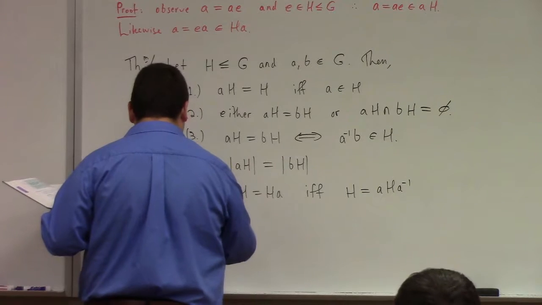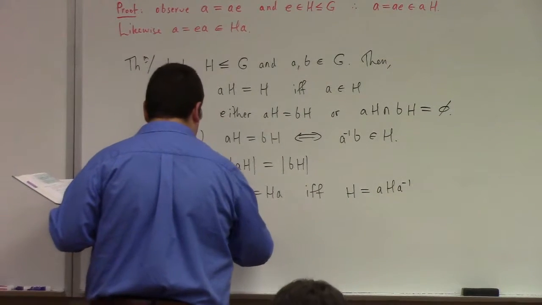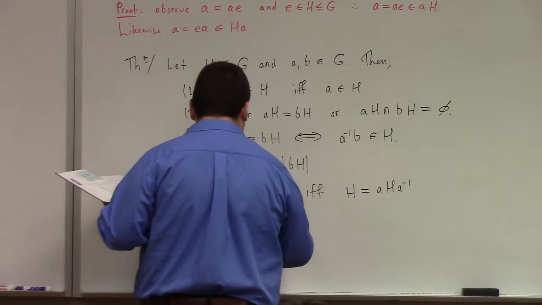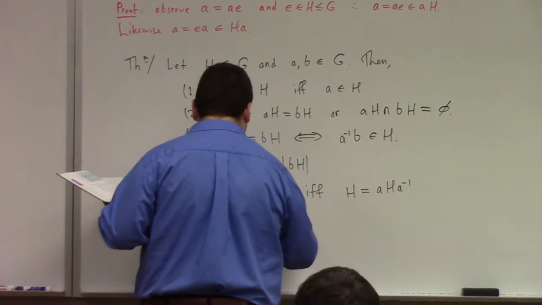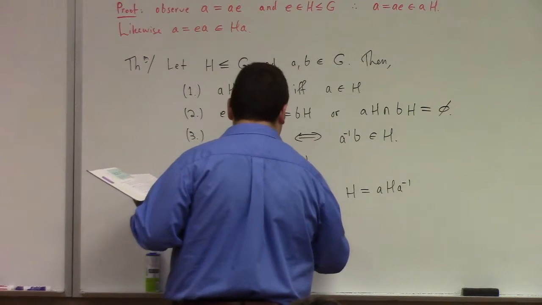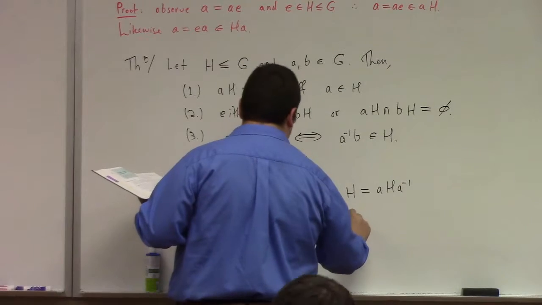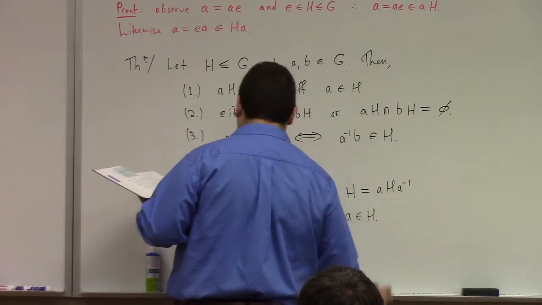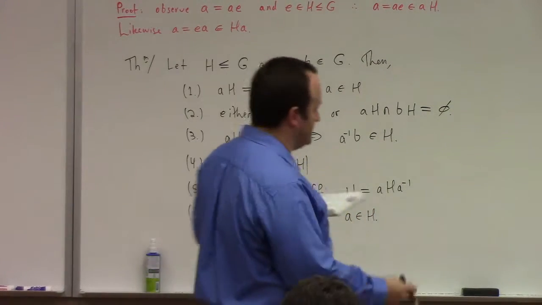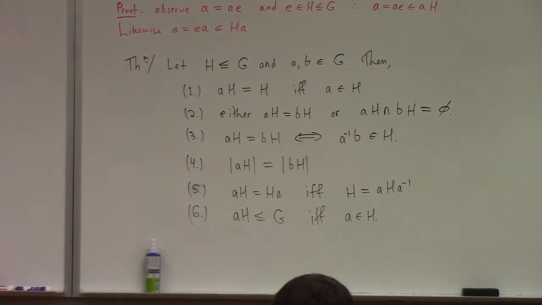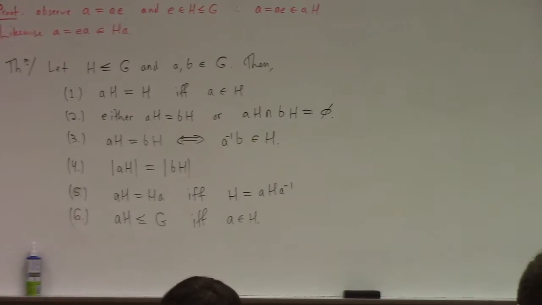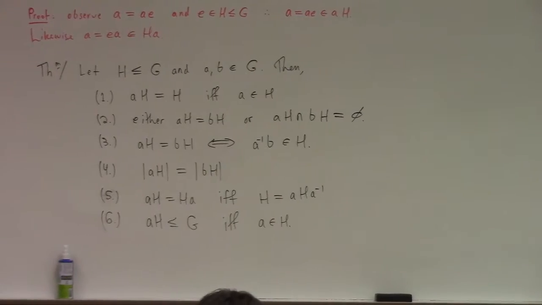And finally, six, aH is a subgroup of G if and only if a is an element of H. Six seems unnecessary, but whatever. All right, these are important. Let's try to prove them.